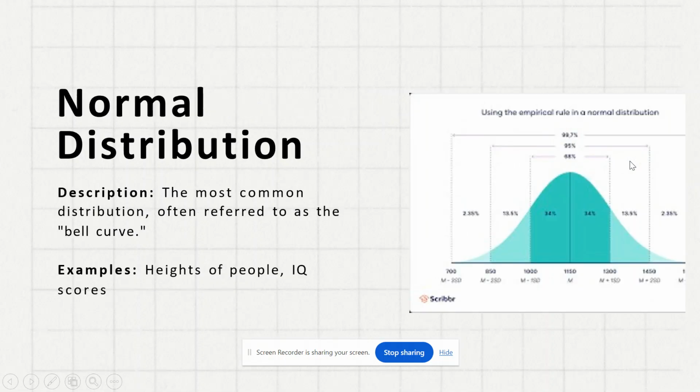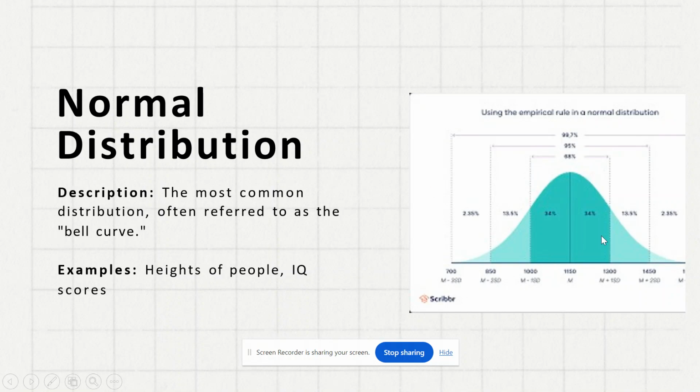Okay, now move towards the continuous distributions. The first and most commonly used is referred to as a bell curve, or the normal distribution, and it is represented by a bell curve. Whenever we have a distribution like a bell curve, it's called the normal distribution. For example, we have the height of people based on IQs.